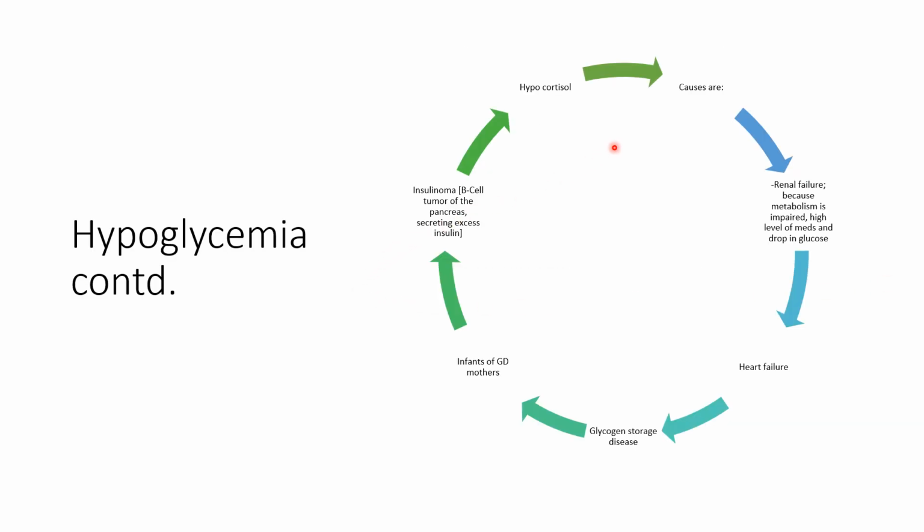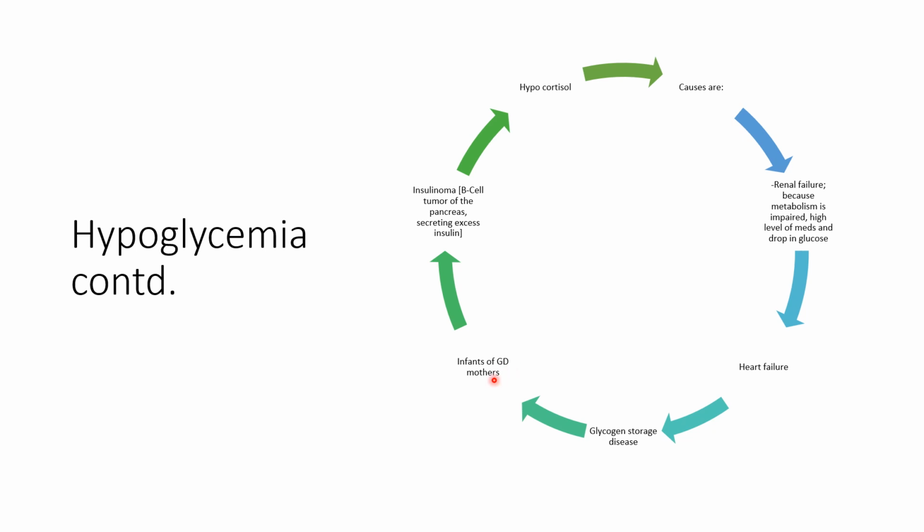Okay, the causes of hypoglycemia could also include renal failure, and why that? Metabolism of many medications, including glucose, will be impaired. Then we will have high levels of those medications in the system, leading to a drop in glucose. Might be as a result of heart failure or glycogen storage disease, where the glycogen is not stored, or infants of gestational diabetes mothers.